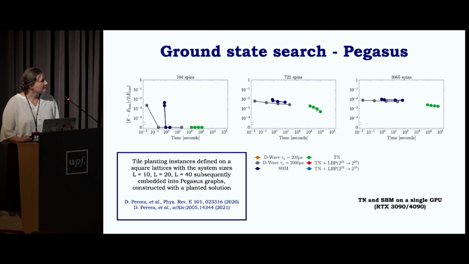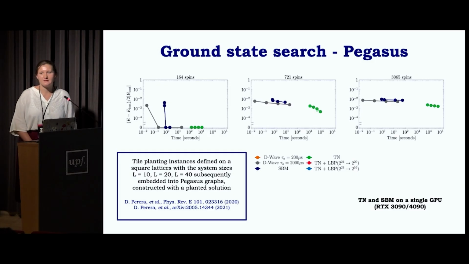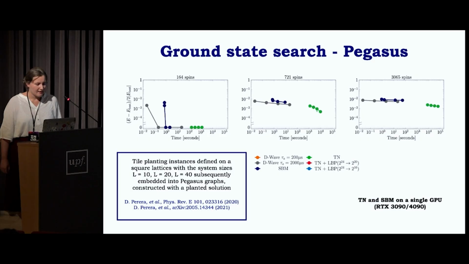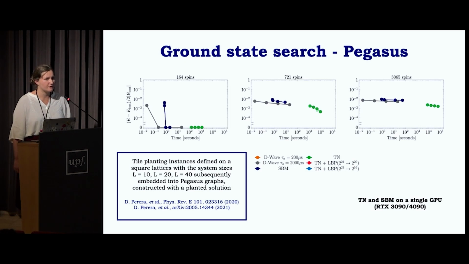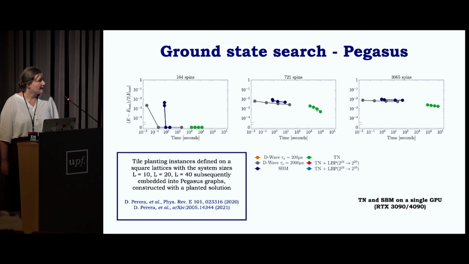And to our surprise, for this class of instances, tensor network method works better than D-Wave and SBM. So for the smallest problems, SBM, D-Wave, and the full space tensor network method all gave us the optimal solutions.